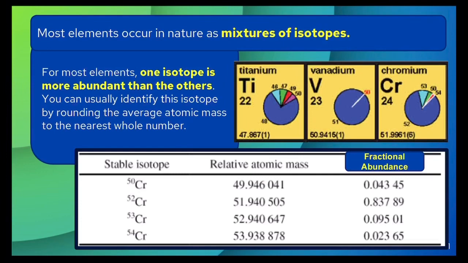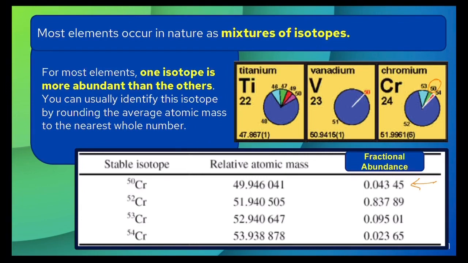So if we're looking at chromium 50, which is this green section right here on the pie chart, you can see it takes up a very small amount of the pie chart, meaning it is rarely found in nature, is not as abundant as, say, chromium 52. So if we're looking at the fractional abundance, you can see how low this number is compared to the other values presented in this column.